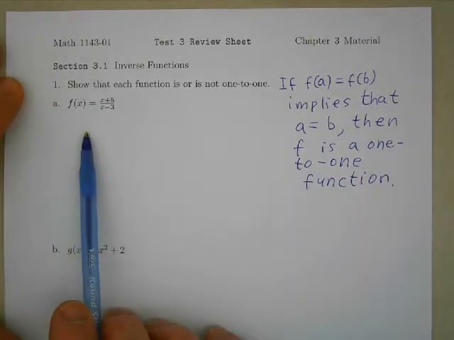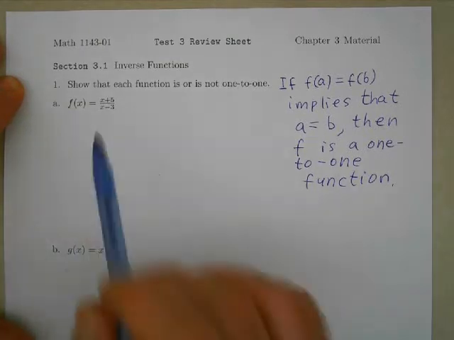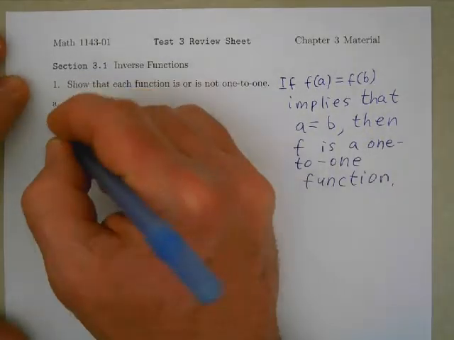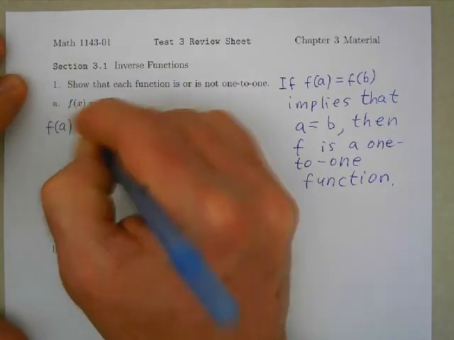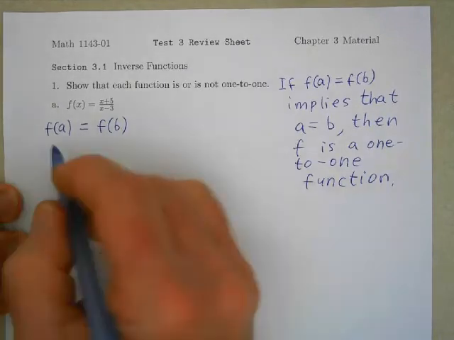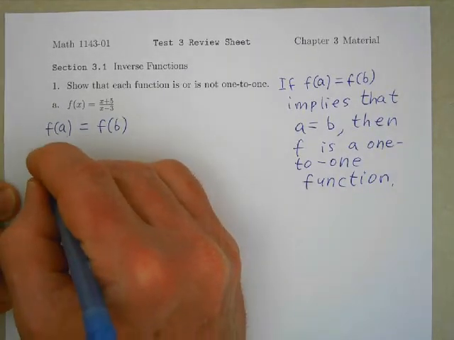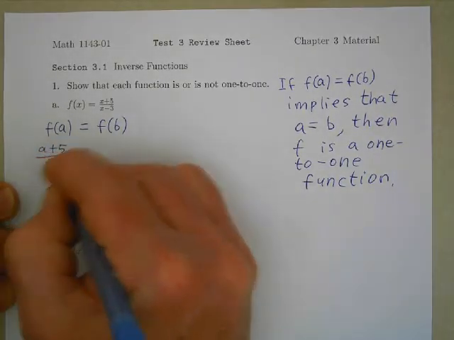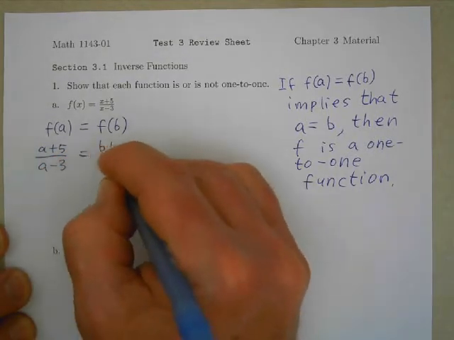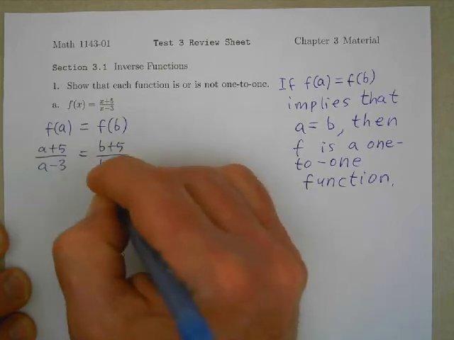f of x is equal to x plus 5 divided by x minus 3. And so if we set f of a equal to f of b, that means a plus 5 over a minus 3 equals b plus 5 over b minus 3.